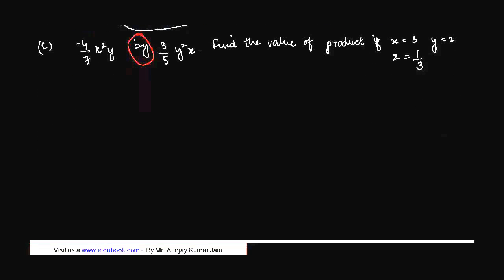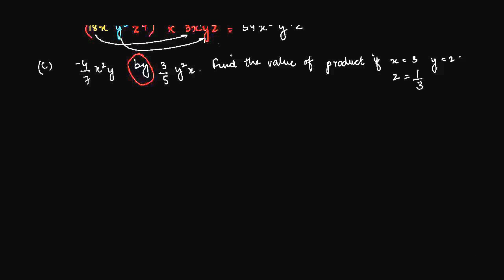Now let me take the third and the final one. Minus 4 upon 7 x square y by 3 upon 5 y square x. Again, there is really nothing different in this particular one vis-a-vis the one which we did earlier. So we multiply minus 4 by 7 by 3 upon 5, right? Then we put in x, which is there.